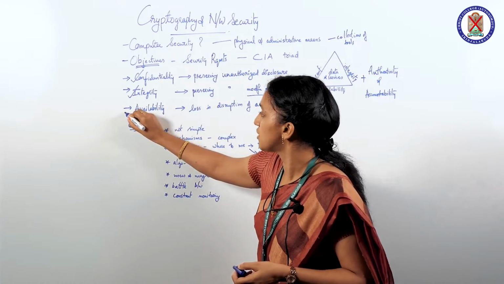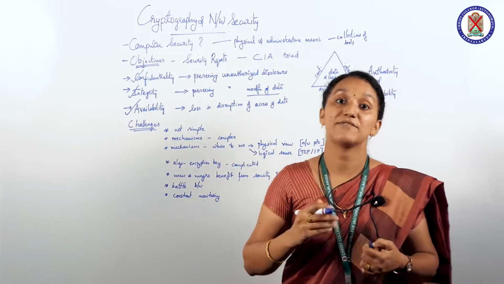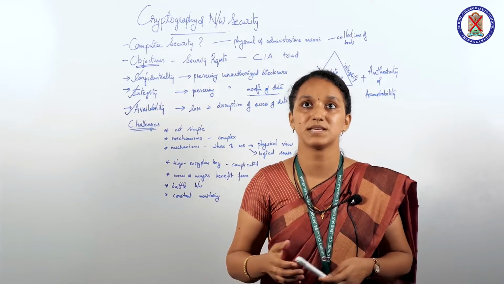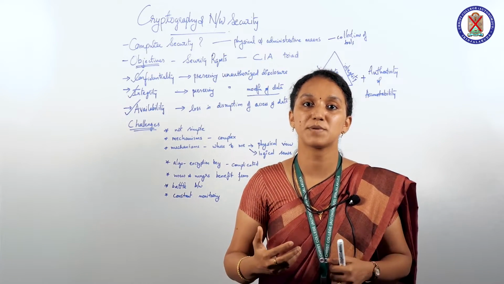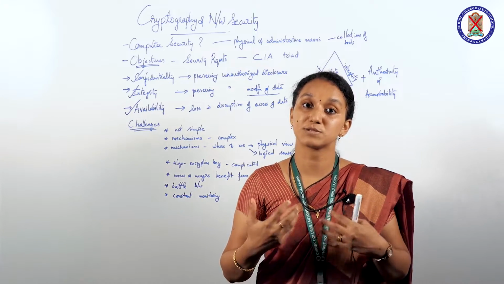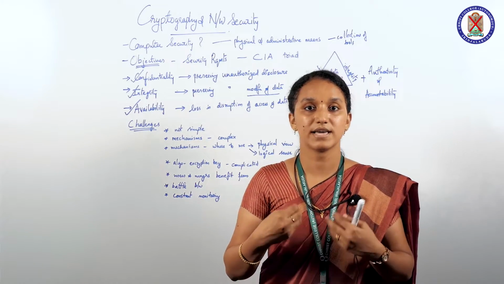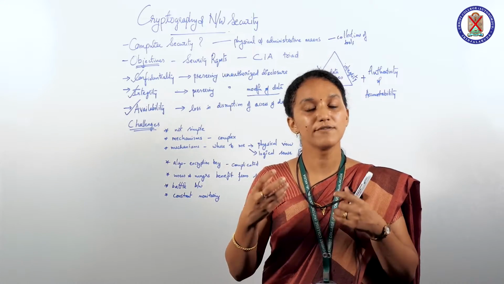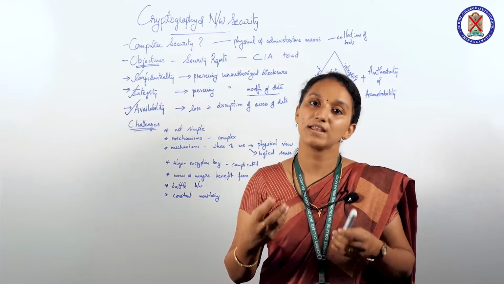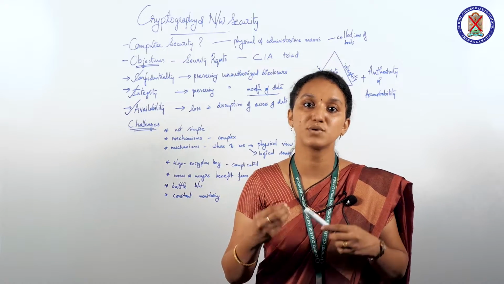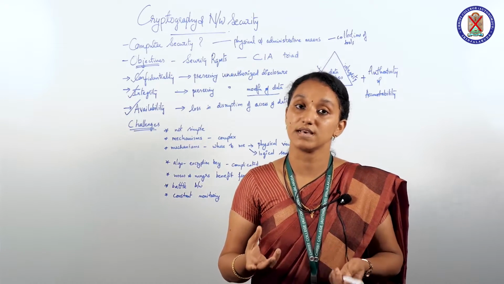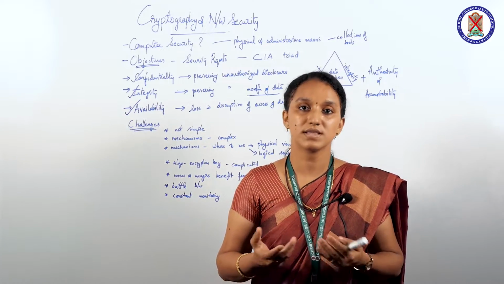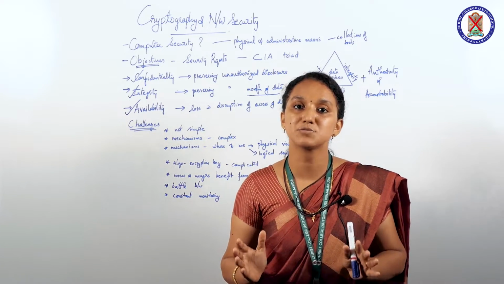The third important objective is availability. What do you mean by available? I have a college website, and I expect the website to respond promptly. I ask a question, I expect the answer promptly. If any service or any access to data is denied to an authorized person, you say there is a loss of availability. And if it's available to you, availability is preserved.